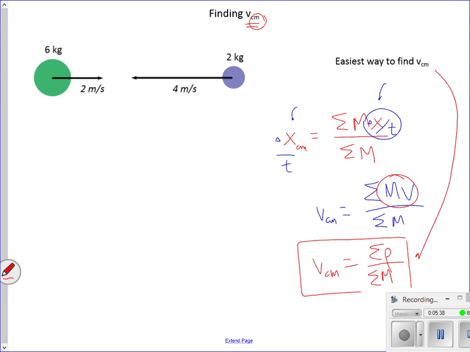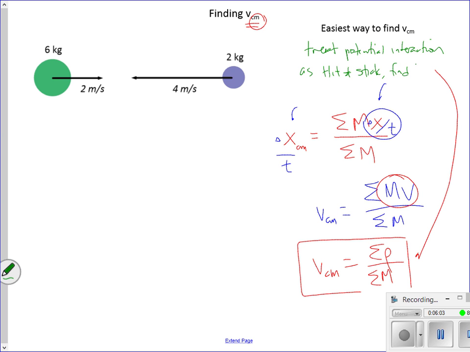Some of you noticed, and we mentioned this in at least one of my groups today, that what we're actually doing here is, in effect, treating any potential interaction as a hit and stick and finding the final velocity.